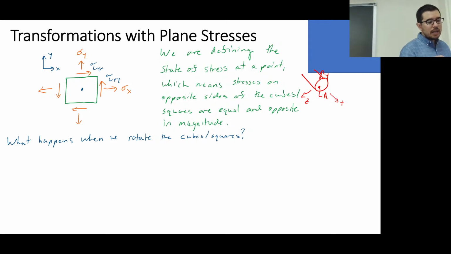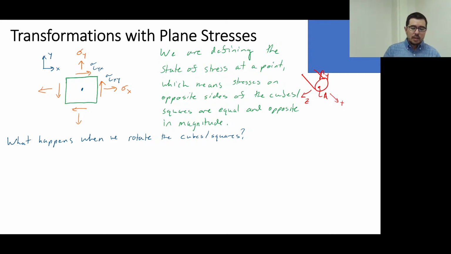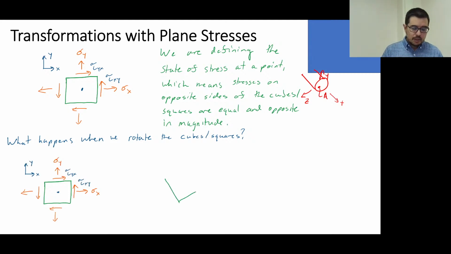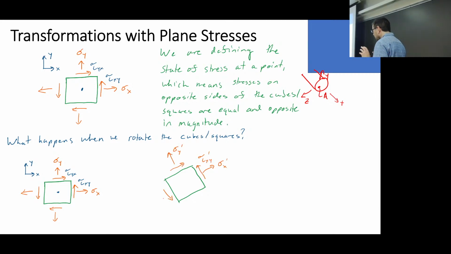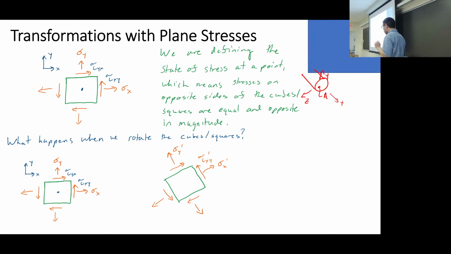So now you can begin to think we should be able to think about the state of stress in a more convenient set of coordinate axes, but rotated by some amount.